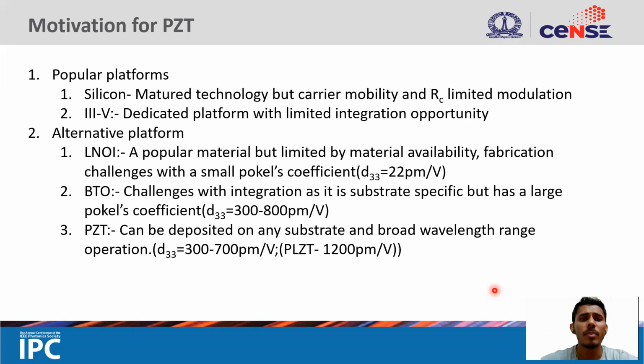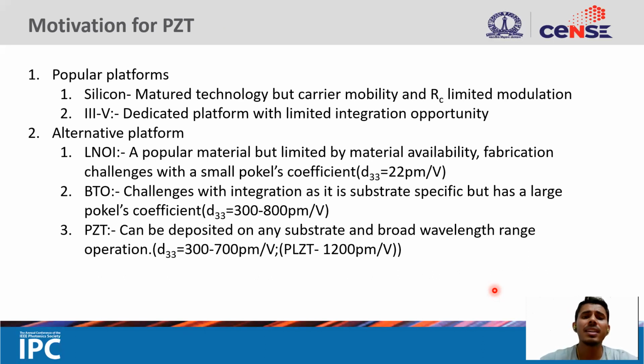Now, lithium niobate as such has a very small Pockels coefficient, that is 22 picometers per volt. It's a very popular material, but fabricating devices on lithium niobate is difficult because of its inherent material properties. Talking about BTO and PZT, both of them give very high d33 coefficients, more than 300 picometers per volt.